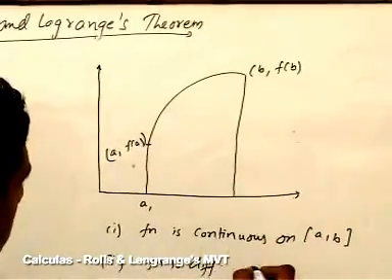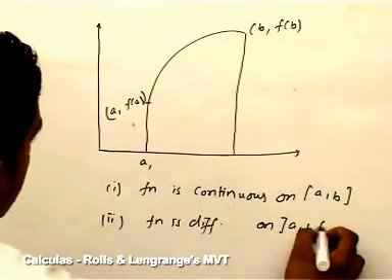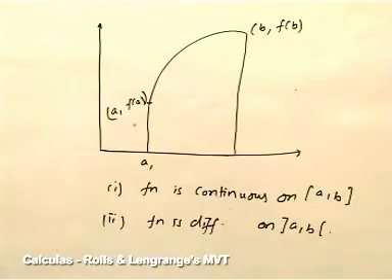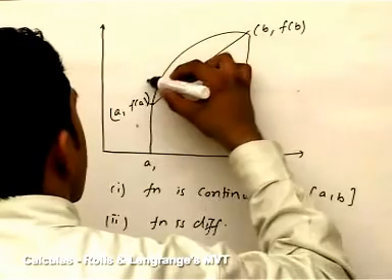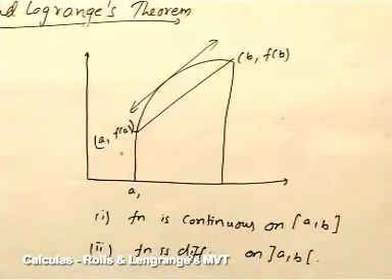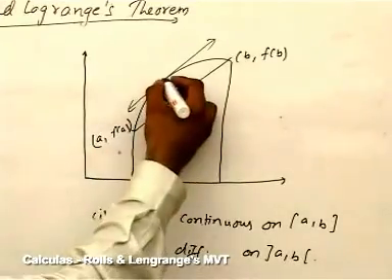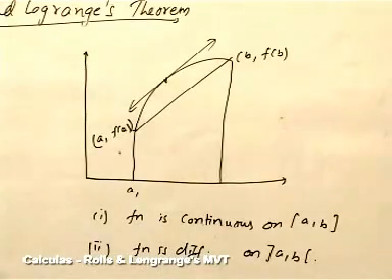Then there exists a point C such that the tangent at that point on the given interval will be parallel to the chord joining the 2 points.